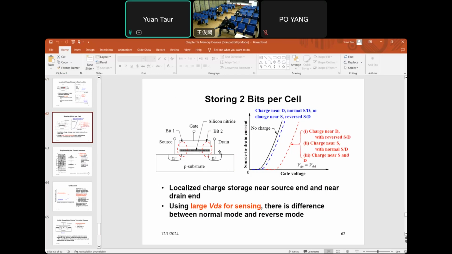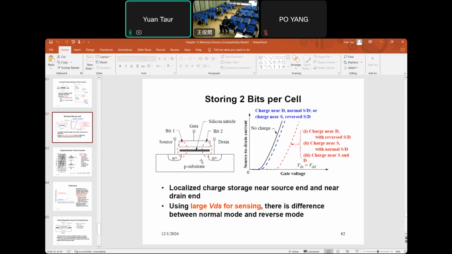But if in one case the VT becomes higher, that means there's a charge on the side used as the source. And if there is charge on both sides, then in both normal and reversed you have high VT.